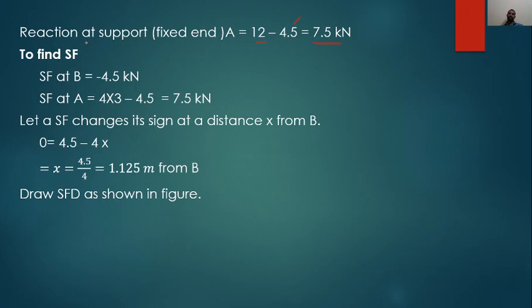That is the vertical reaction at fixed support A. With these values, let us calculate shear force values at various points. The shear force at B is simply the prop reaction, that is minus 4.5 kilonewton. Now the shear force at A is 4 into 3 UDL, 12 minus 4.5, that is 7.5 kilonewtons.